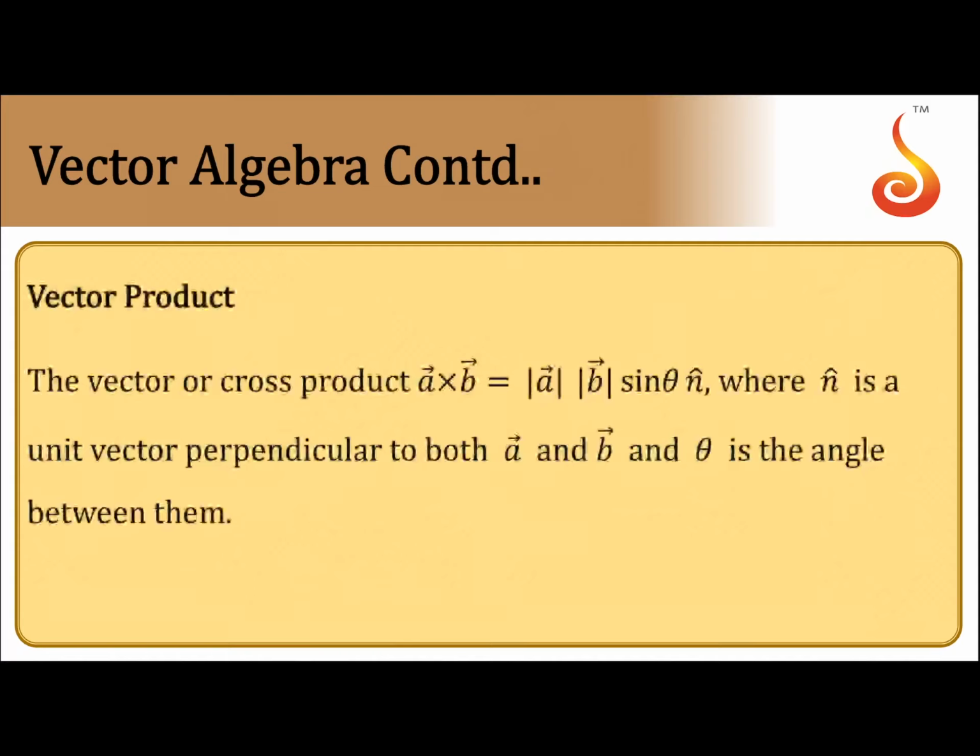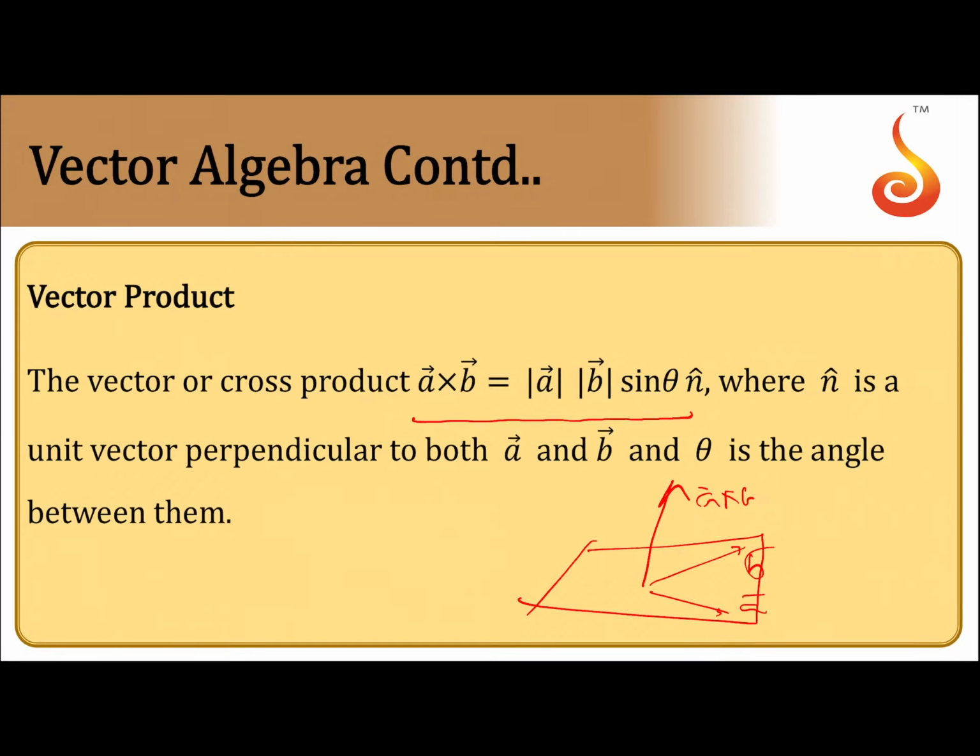Coming to the vector product, we know A cross B is defined as modulus A into modulus of B into sine of the included angle, multiplied by a unit vector perpendicular to the plane containing A comma B. This is A bar and this is B bar, and this is nothing but A cross B. Of course, if the magnitude of that is 1, then it is nothing but n cap.